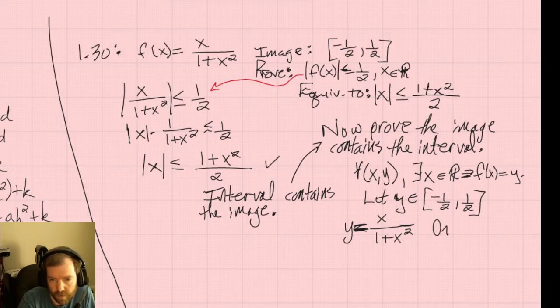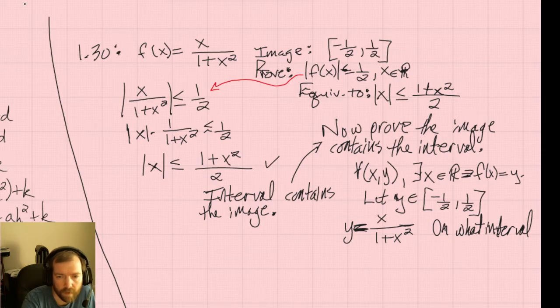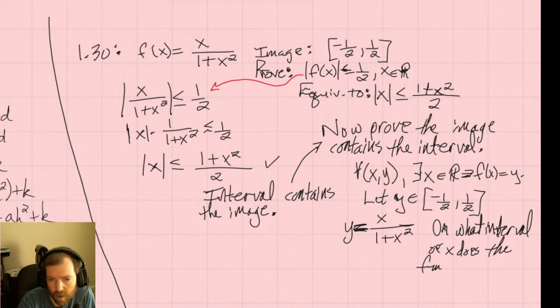So on one interval of x, does the function remain on negative a half to a half?